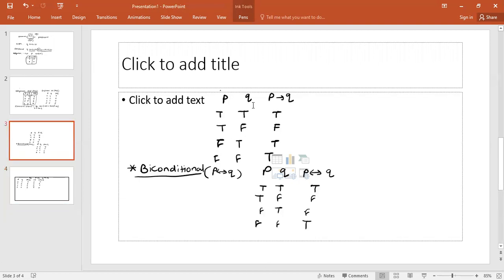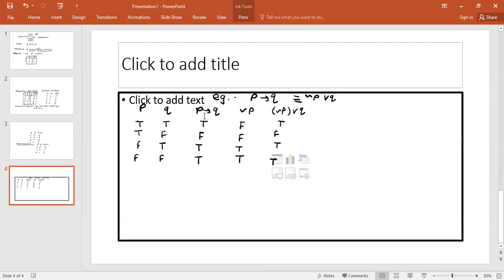First, we have seen T, F, T, T for the conditional statement. Here we have taken this after negation F, F, T, T. Okay. So what will be the value for T to F to T?